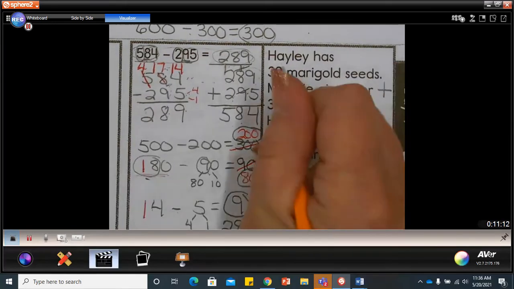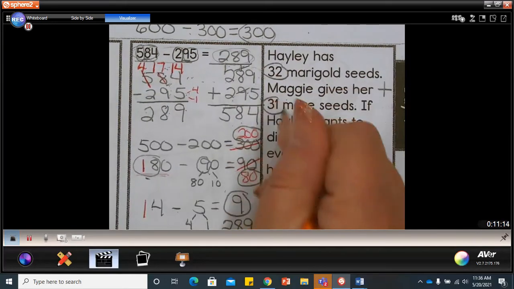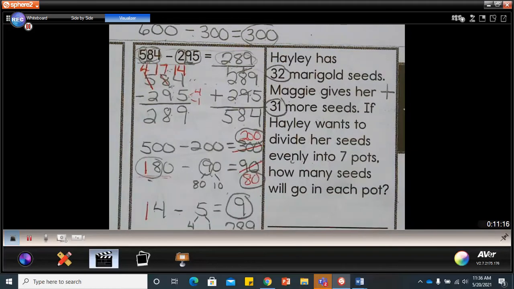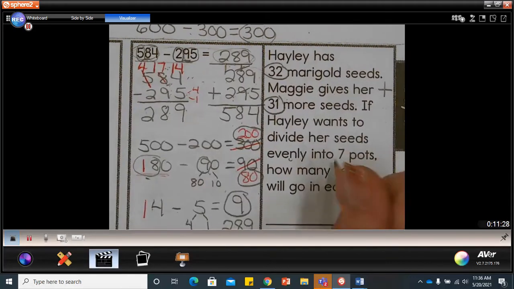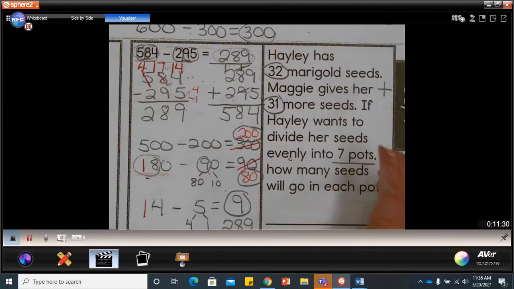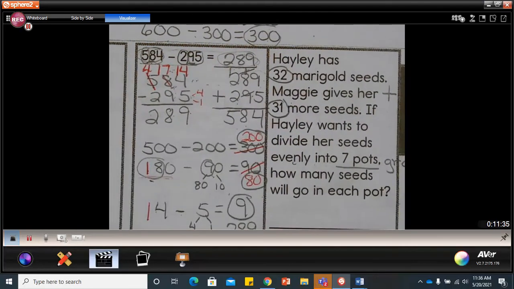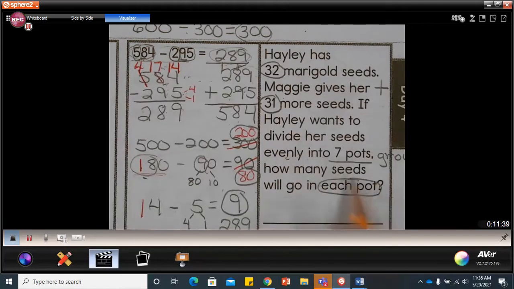You're putting these two amounts together as two parts to make a whole. So now we are going to read the rest of the problem. It says if Haley wants to divide or share her seeds evenly into 7 pots, and these pots are my groups, right? The question is asking how many seeds will go in each pot.